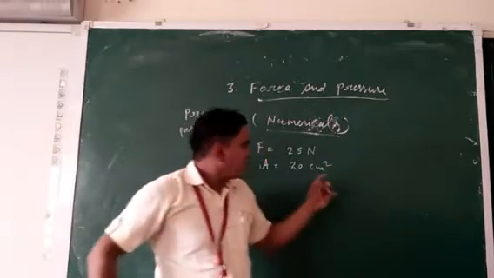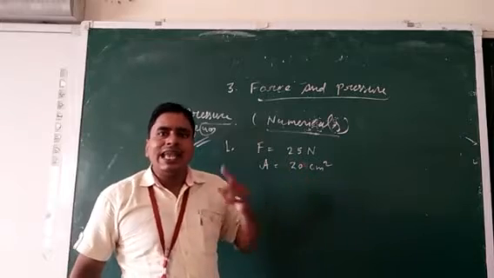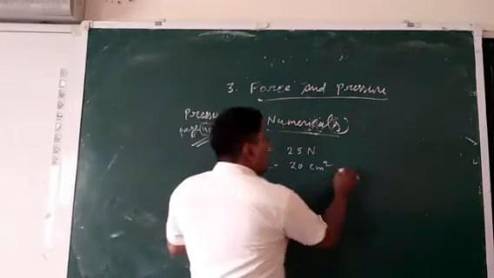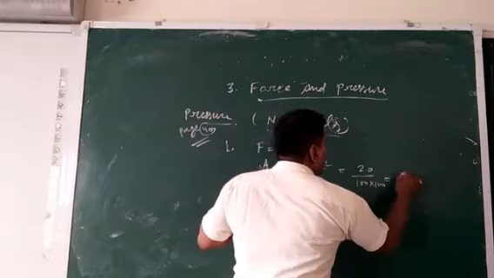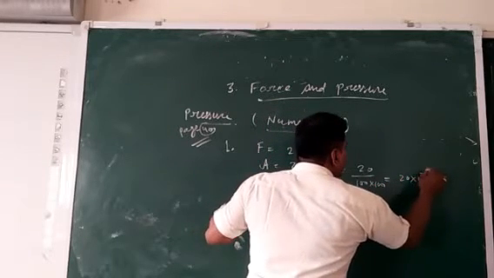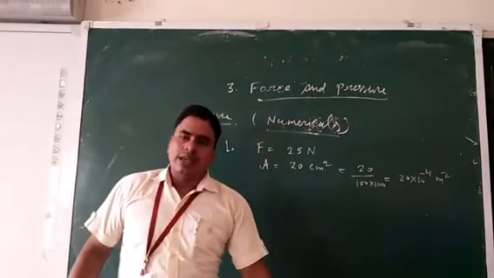Here area is given in CGS system, so first we have to convert this into SI system. So what is the area? 20 by 100 into 100, or you can say 20 into 10 to the power minus 4 meter square. Clear?